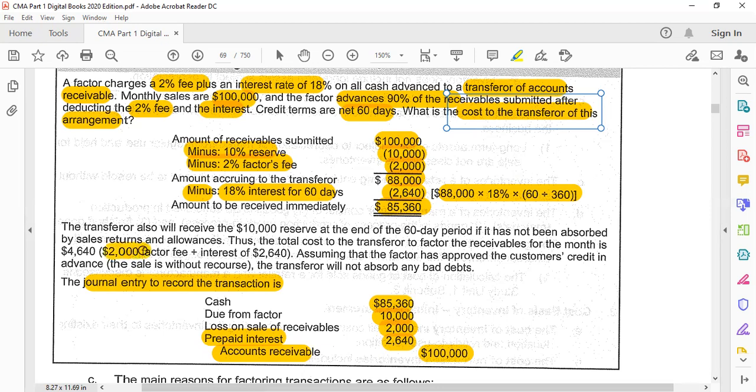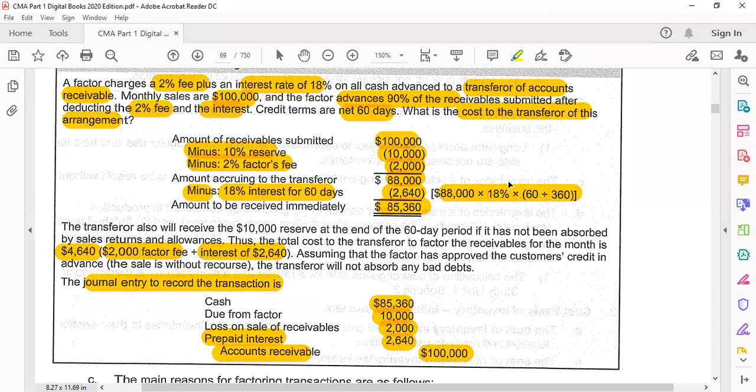The cost is the $2,000 factor fee plus interest of 2,640. So the total cost is 4,640. This is the cost, this is actually the loss to the company. This 10,000 reserve is not a loss, guys, because you will take it in the future, after 60 days.